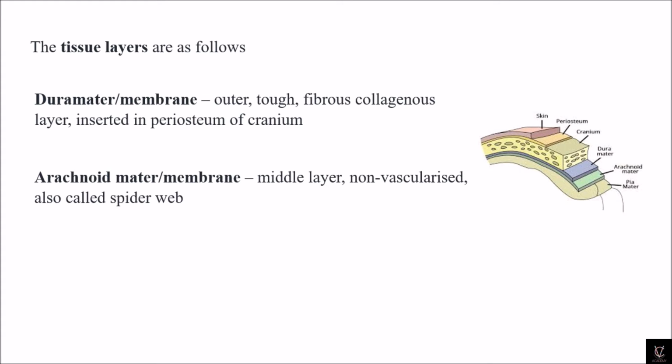Arachnoid matter or membrane. It is the middle layer. It is non-vascularized and also called the spider web. Piamater. It is the innermost layer and highly vascularized, and when compared with the other two, it is the softest of all.